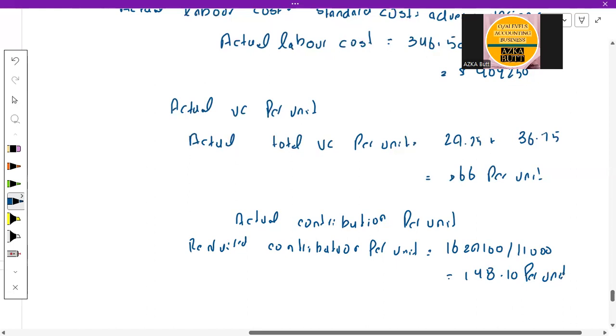For the required selling price, we now need to add the required contribution per unit to the actual variable cost to determine a selling price that would have resulted in the same contribution.